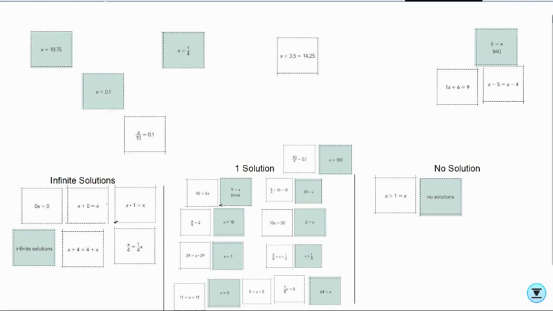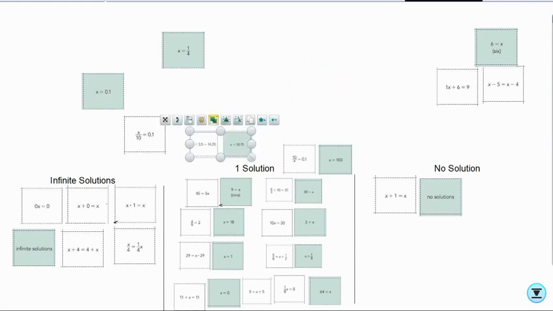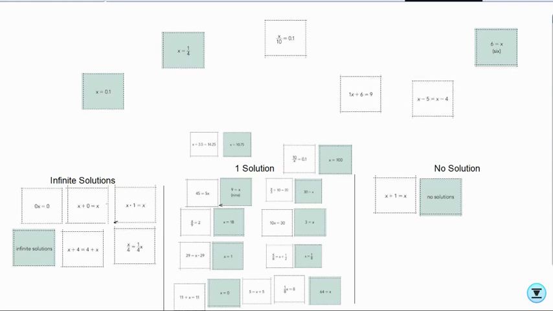Let's look at this. I think these ones go together, just because they look like they have decimals. So x plus 3.5 is 14.25. Yep, those are definitely together. One times a number plus 6 is 9.